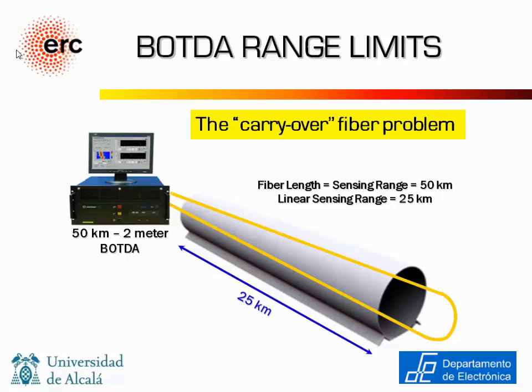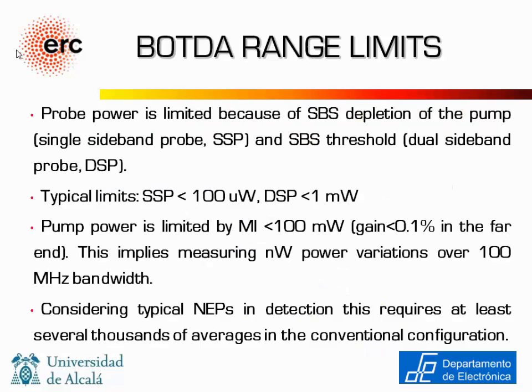So your linear sensing range is limited to half of the nominal range of the instrument. This you try to shortcut in different ways, but really, if you're crossing unmanned areas, this is a complicated problem.